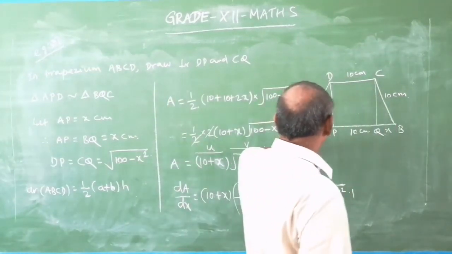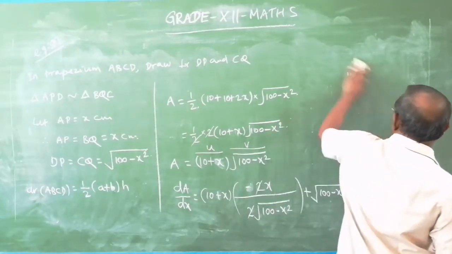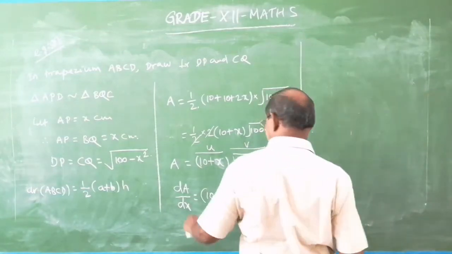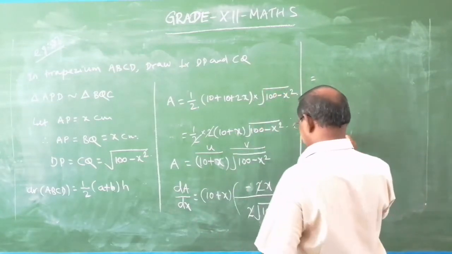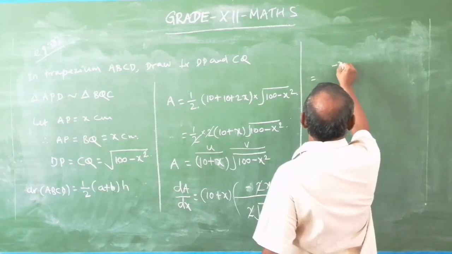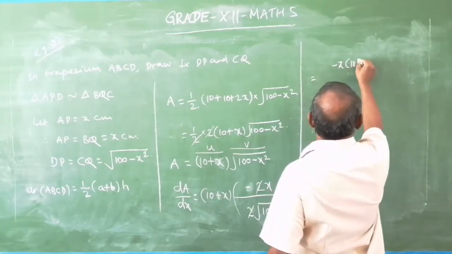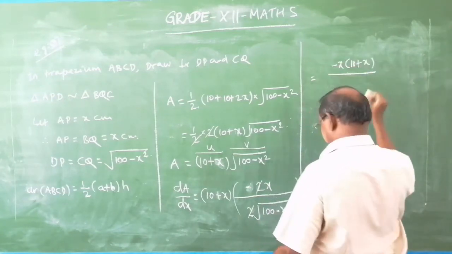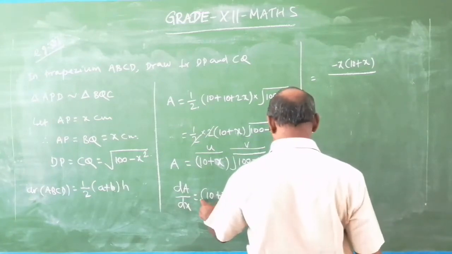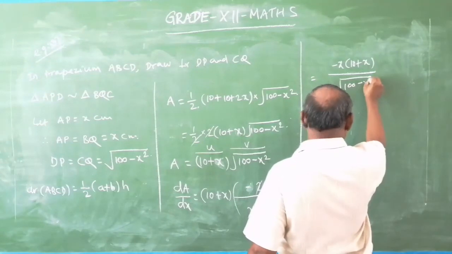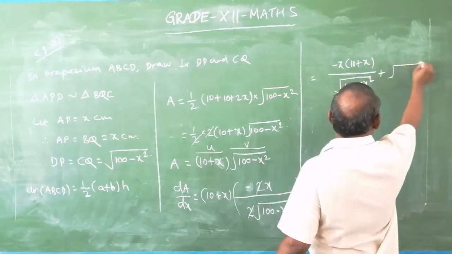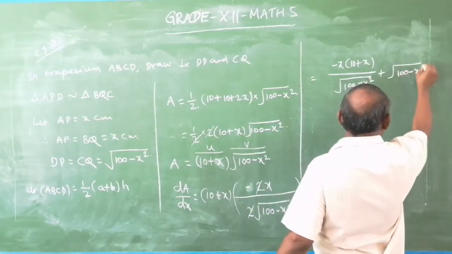Now, simplifying this, which is equal to minus x into (10 plus x) divided by root of 100 minus x square plus root of 100 minus x square.